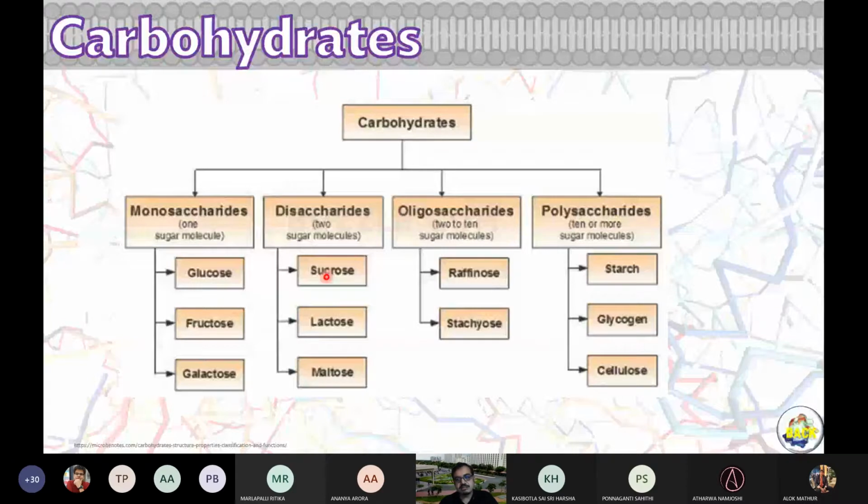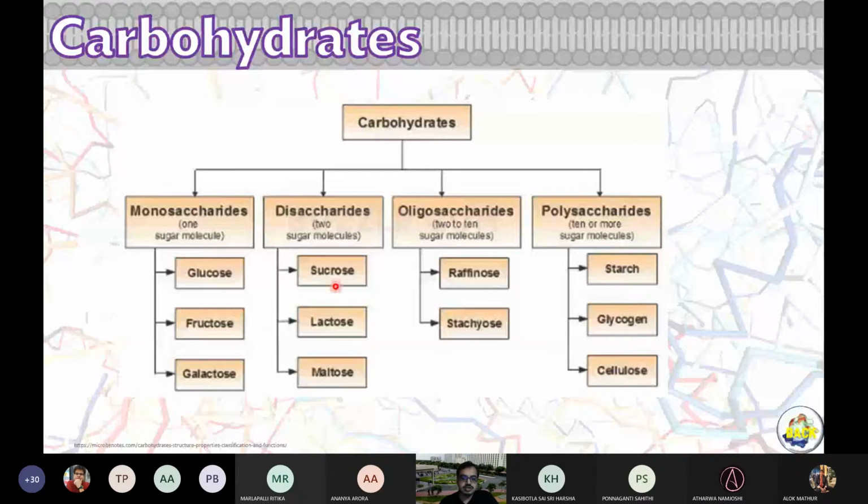And here you see polysaccharides. Oligosaccharides we don't use so much, I think, but plants use them. They have these intermediate molecules. And polysaccharides: starch, we eat starch, we starch our cotton clothes; glycogen and cellulose.